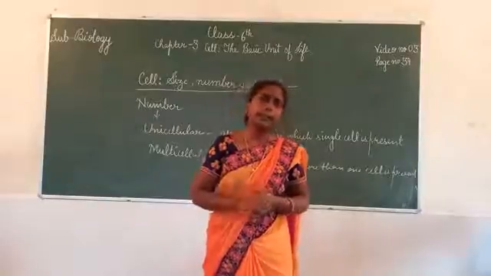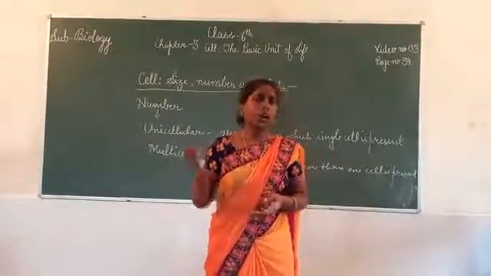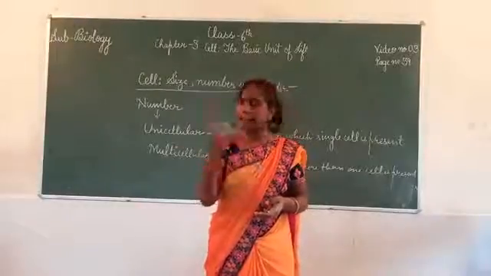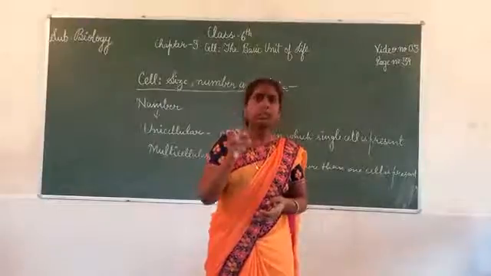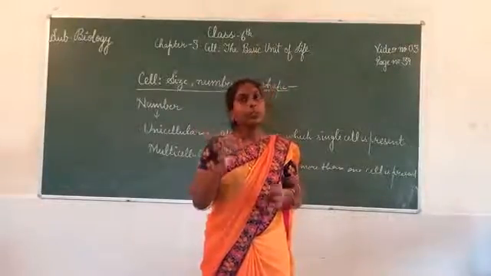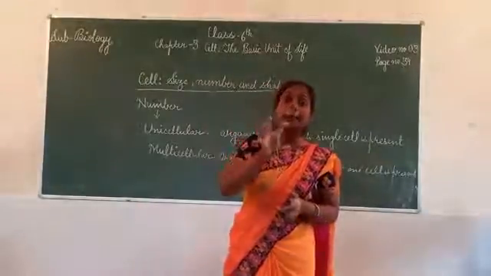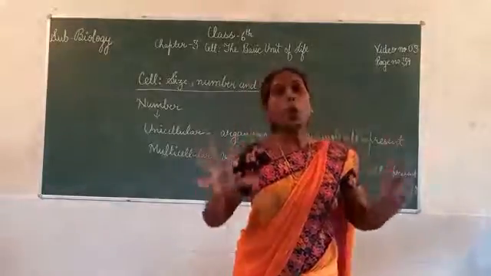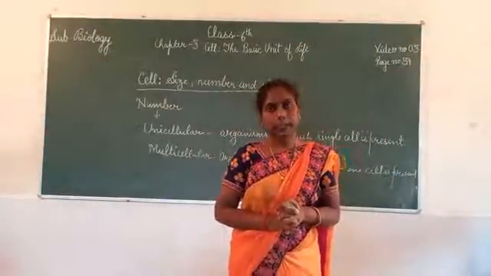As for example, let's take the example of bacteria or amoeba. In that only a single cell exists. Children, you might be wondering that single cell is capable of performing all the life processes.